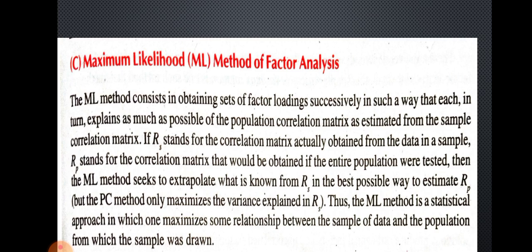If RS stands for the correlation matrix actually obtained from the data in the sample, RP stands for the correlation matrix that would be obtained if the entire population were tested. Then the ML method seeks to extrapolate what is known for RS in the best possible way to estimate RP.